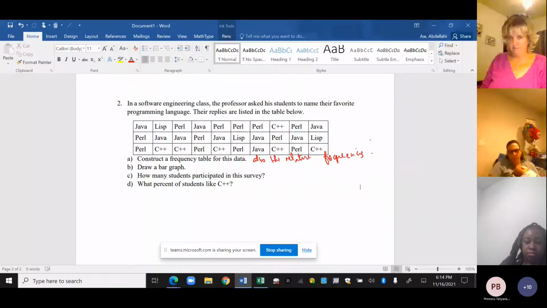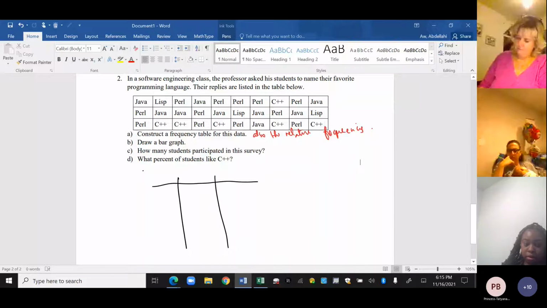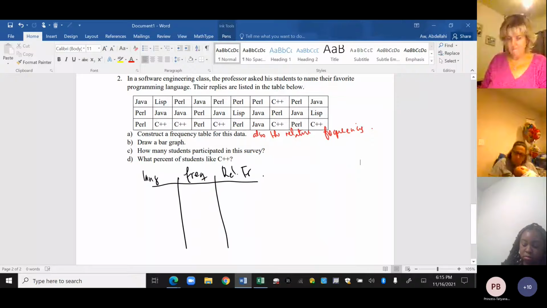Construct a frequency table, and I said add also a relative frequencies column. So not only two columns, but three of them: language, frequency, and relative frequency. Go ahead.